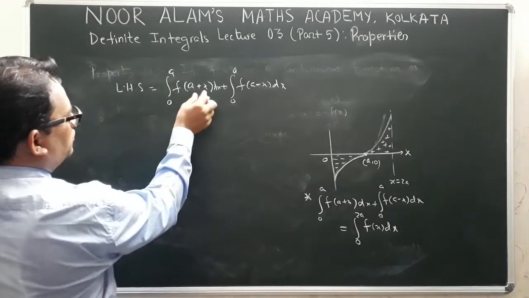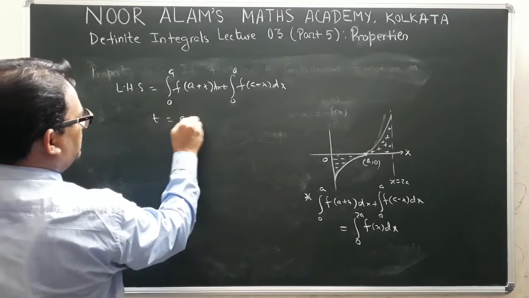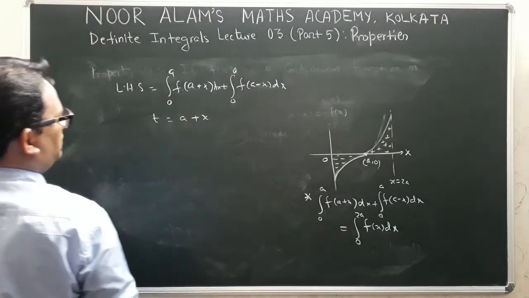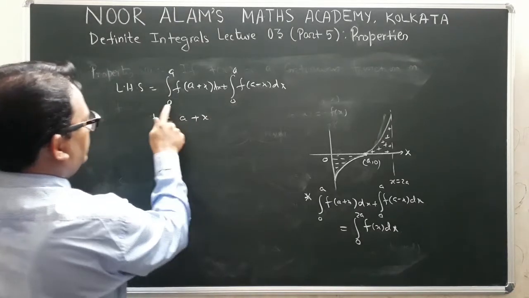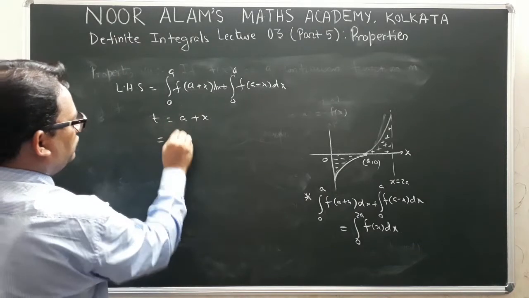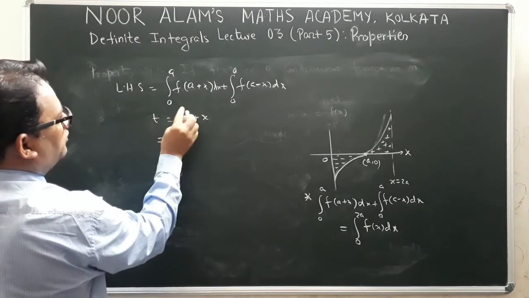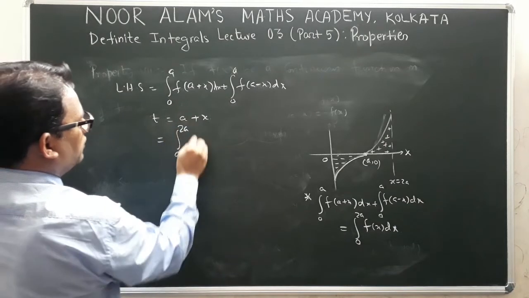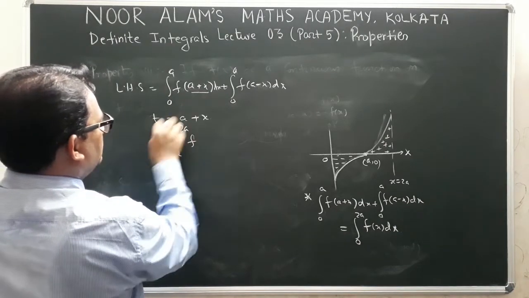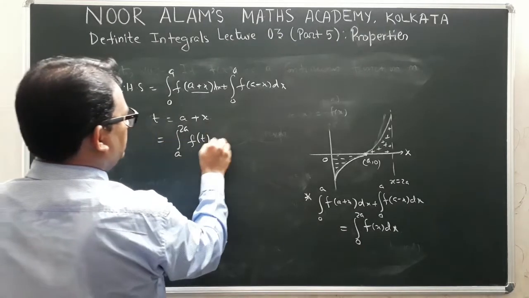In the integral, we are going to do the substitution t is equal to a plus x. Now when we put x is 0, we get t is a. When we put x is a, the value of t will be 2a, and a plus x is substituted by t, so it will be f of t, and dx will be dt.